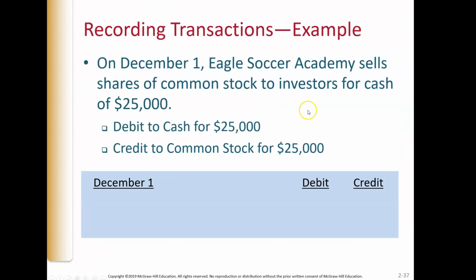And I just want to run through a couple of these to show you how it works. So remember the first transaction where Eagle Soccer Academy sells their shares of common stock to investors for $25,000 cash. Well, cash is an asset. We want to increase it, so we debit it. So here's where knowing the types of accounts comes in.